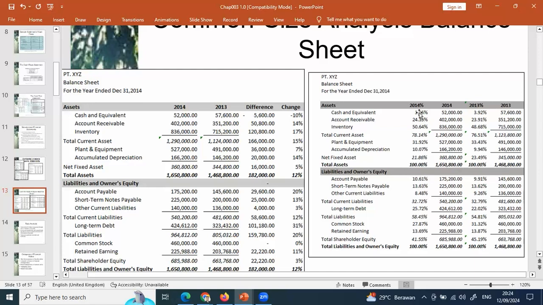Cash is 52 divided by 1,650. It means only 3%. Account receivable 20%. Inventory 50%, and so on, until the total is 100%. This is what we call vertical analysis or common size analysis.